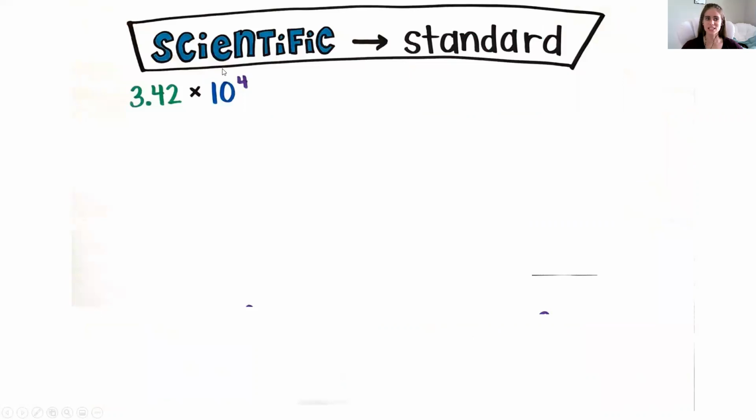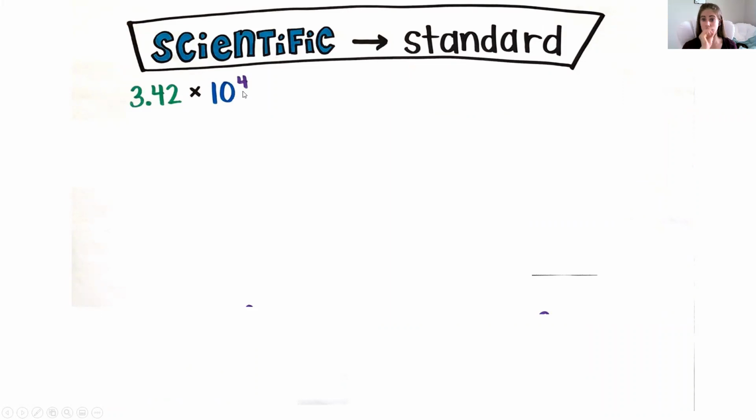Okay, let's first talk about how we go from a number in scientific notation and convert it to standard. Right here, we have a number in scientific notation. I know it's in that format because it matches what we just saw. This number out front, 3.42, falls between 1 and 10. And then it's written times 10 to the 4th power.